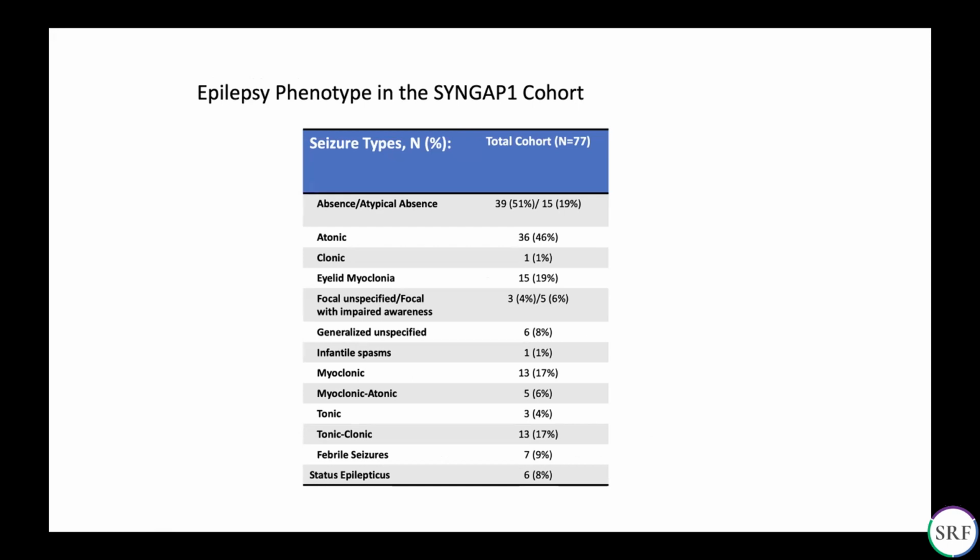What I didn't include in the table is that very frequently what is included in the data set is just the word seizure, not classified in any way. And so this functions as a reminder to us as clinicians to be descriptive in the EMR if we're hoping to glean from it these more detailed descriptions of the epilepsy phenotype.